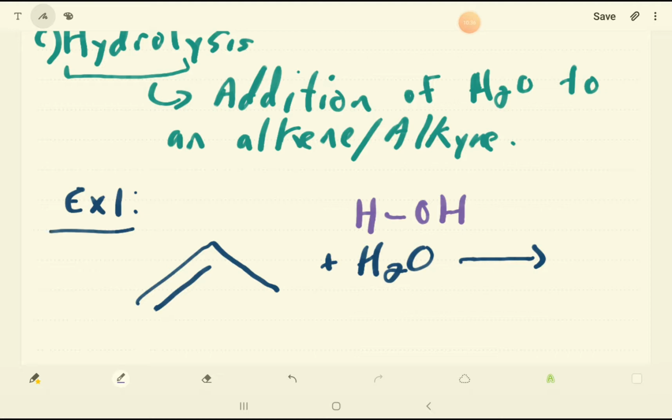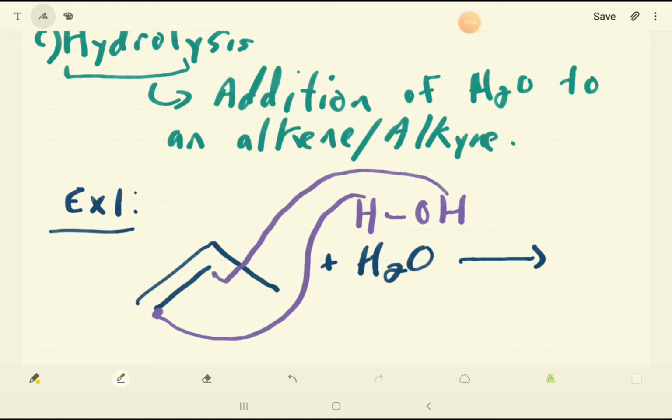I would say rewrite it in this case so that the reaction will itself make sense. Each component of the water will attack an end of the double bond. The H is going to attack this end, and the OH is going to attack this end.